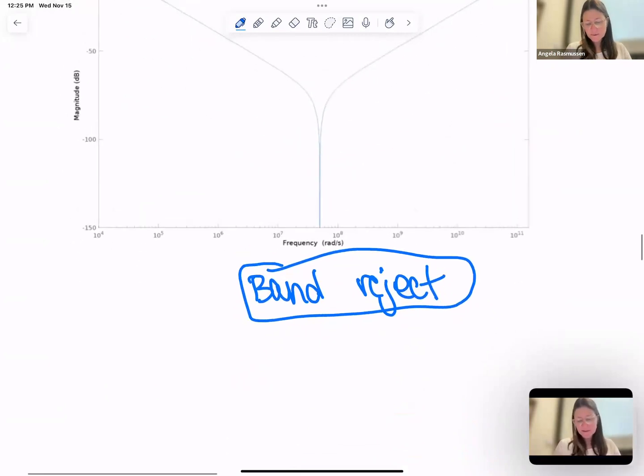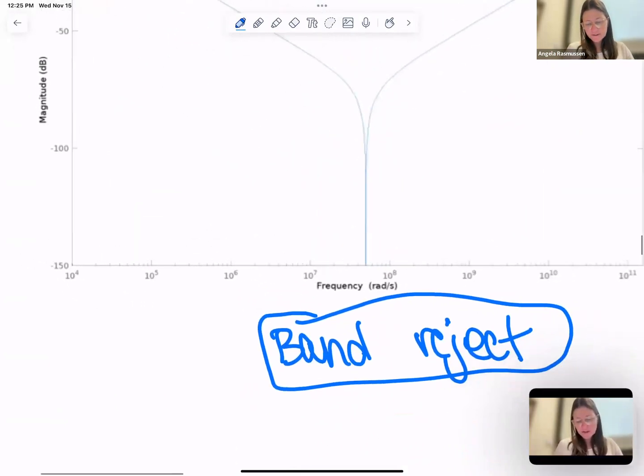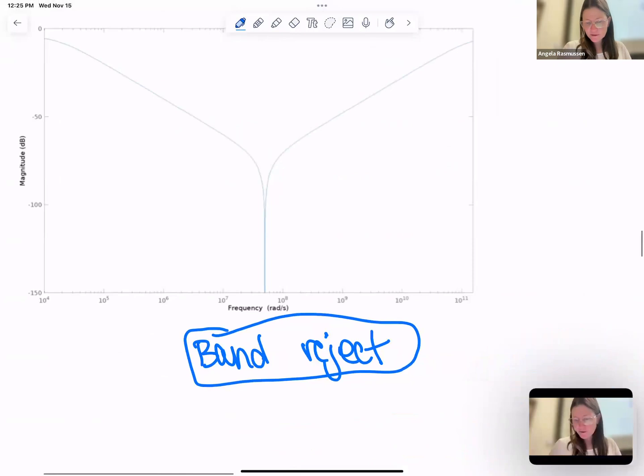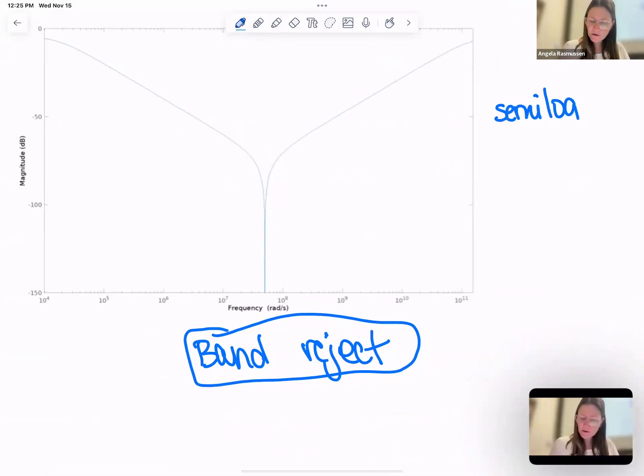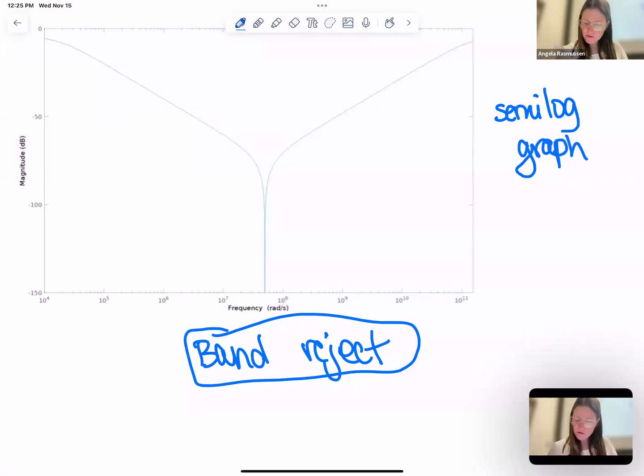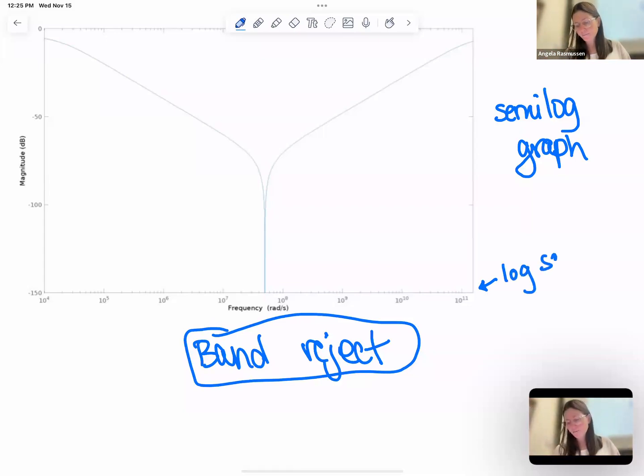Let me explain this one. This is called a semi-log graph. This is going to maybe be new to some of you. This frequency, you can see how it is by tens, and this is a log scale.